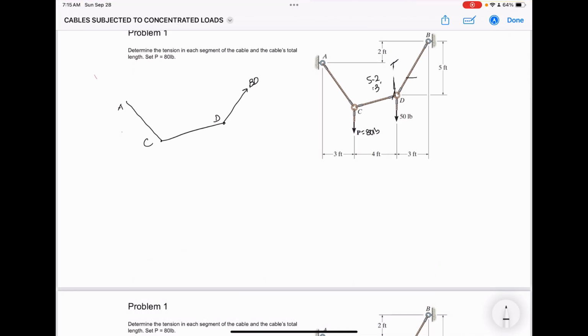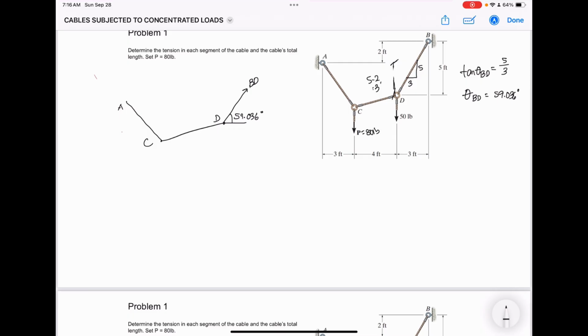We can assume na meron tayong 5 feet dito, meron tayong 3 feet dito. So, we have tan theta BD is equal to opposite over adjacent. Theta BD is equal to 59.036 degrees. Then, sa angle CD naman, don't think we need that.